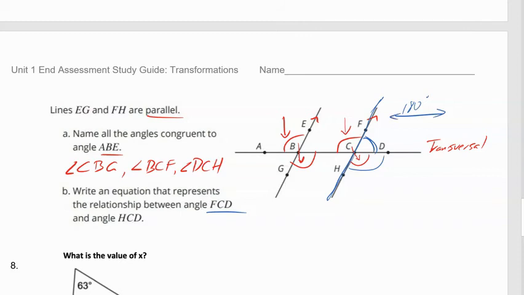For their angle measurement. So we do know that angle FCD, whatever measure that is, if added with the measure of angle HCD, they both have to add up, right? Their sum has to be 180, because with them together, they will land flush with line HF.